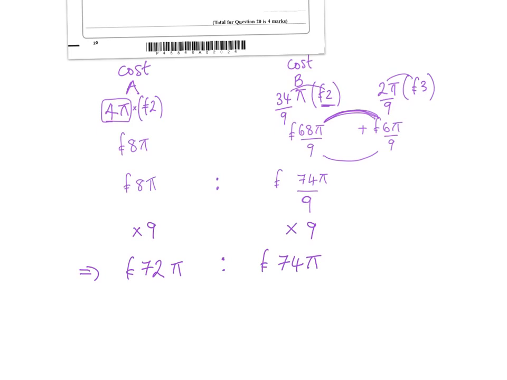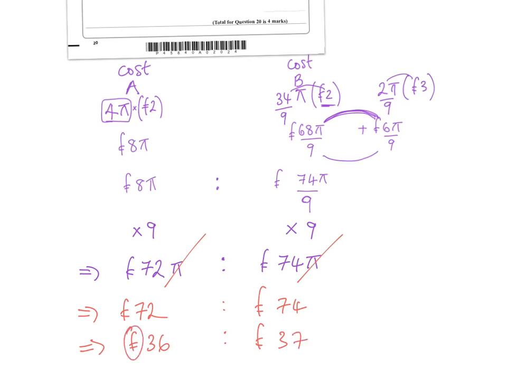Now I don't need to have pi in here, and if you were using your calculator you'd have some strange decimal, and if you divided both sides to try and make them nice whole numbers, then you would end up with 72 to 74. Basically, I'm going to divide both sides here by pi, and that's going to give me 72 to 74, and then I can see that they're both even, so I'm going to halve both of those, and that's going to give me 36 to 37.